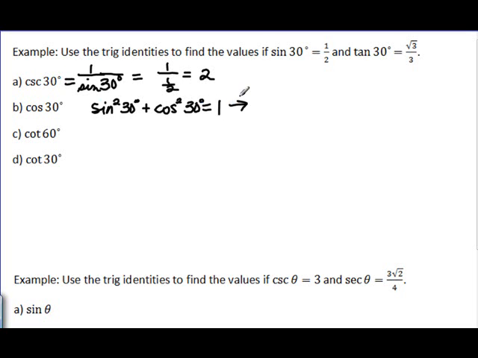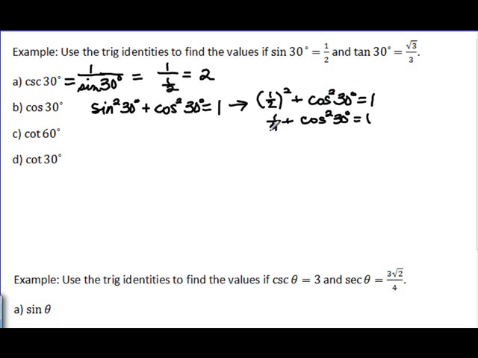Sine squared of 30 would be 1/2 squared, which is 1/4. So 1/4 plus cosine squared of 30 degrees is equal to 1.